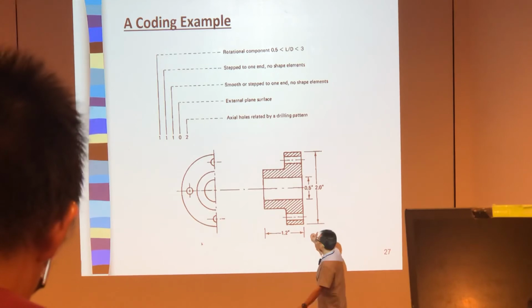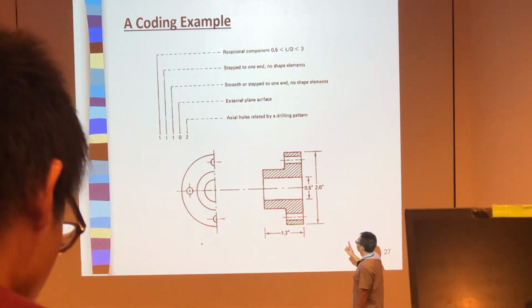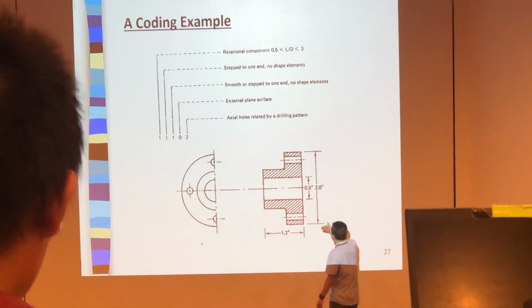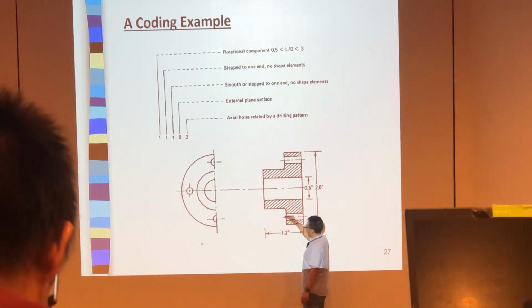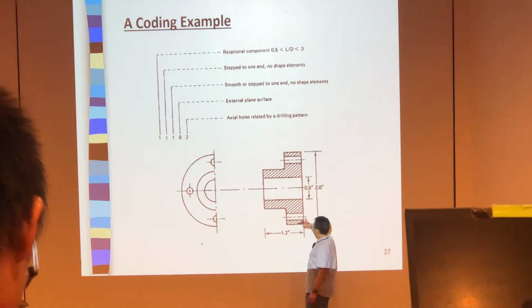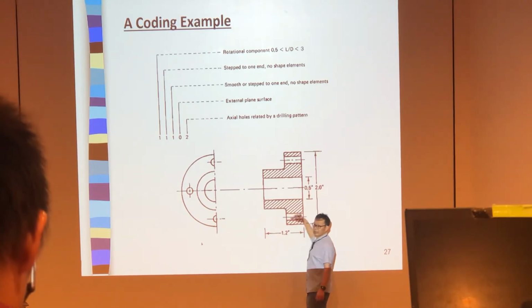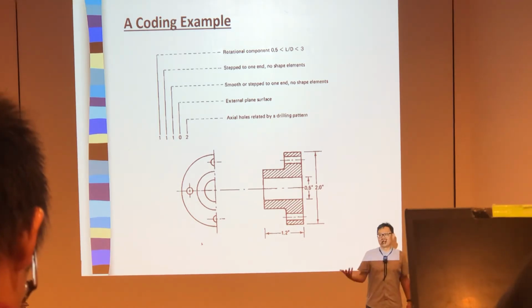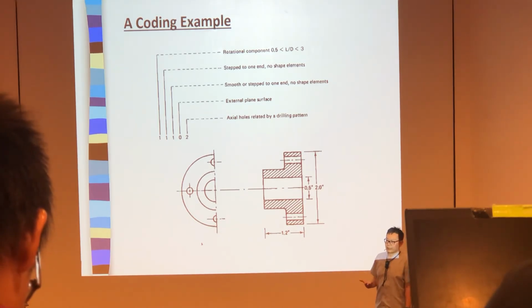So it's 1. Second one, step to one end, no shape elements. Diameter steps to one end, either from right to left or left to right. But on the external diameter, there's no thread or whatever, so-called extra elements. So again, it's 1.